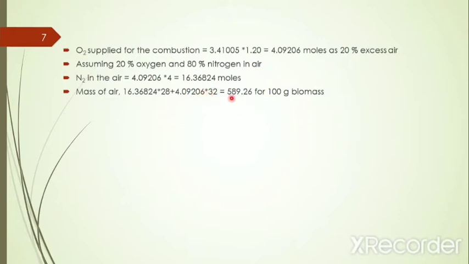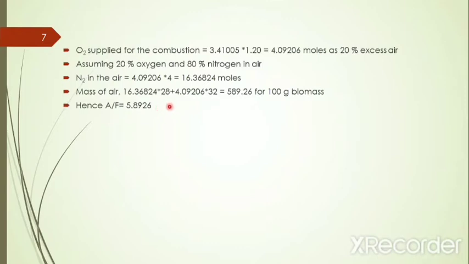So we will get 589.26 for 100 gram of biomass. First we assumed 100 gram of biomass, so for 1 gram of biomass this will be 5.8926. So again the air fuel ratio is between 5 and 6 for this biomass, a little bit higher than the previous problem.